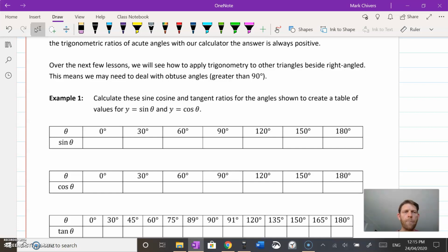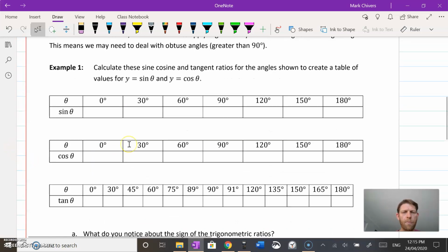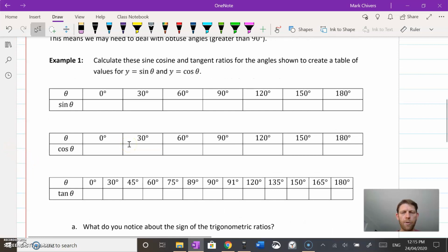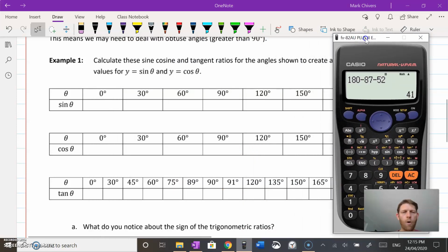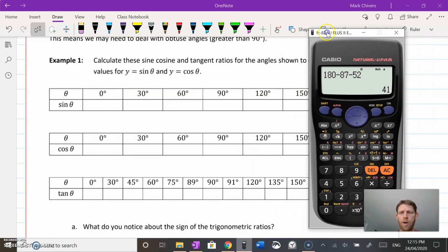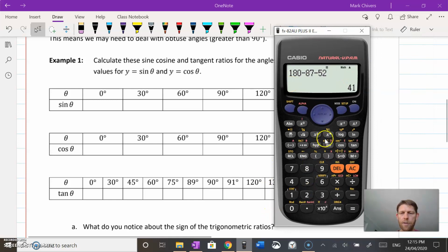So what I want you to do, and I'll get you started with a couple of these here and then I'll complete the table, but I will pause on Edpuzzle so you can complete the table yourselves. What I want you to do is sit there with your calculator and put in a whole bunch of these. So for instance, with sine of 0, we just press sine 0 and press enter.